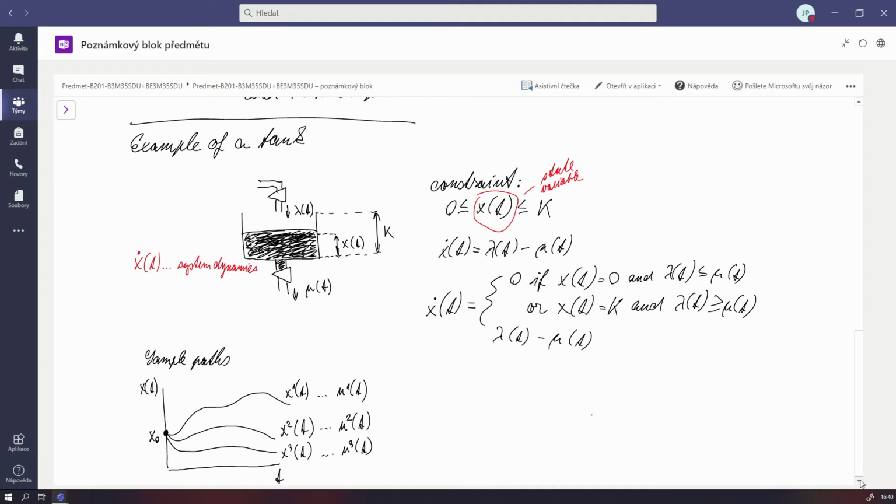Or we can choose another representation, which is discrete.